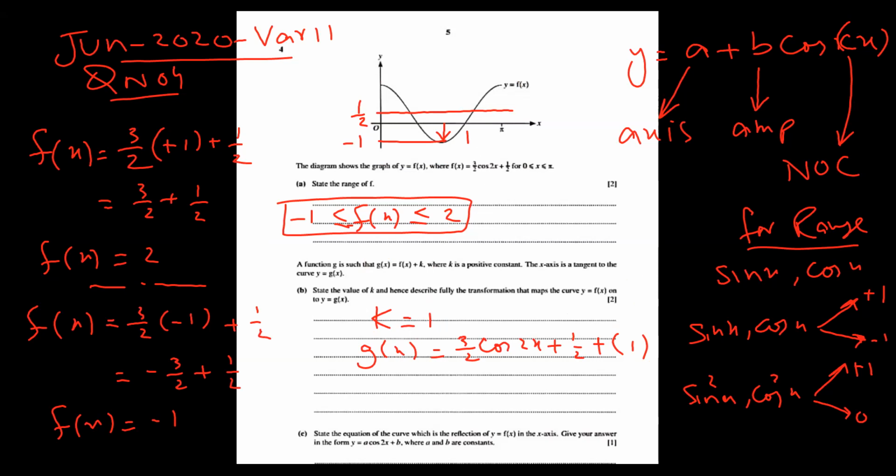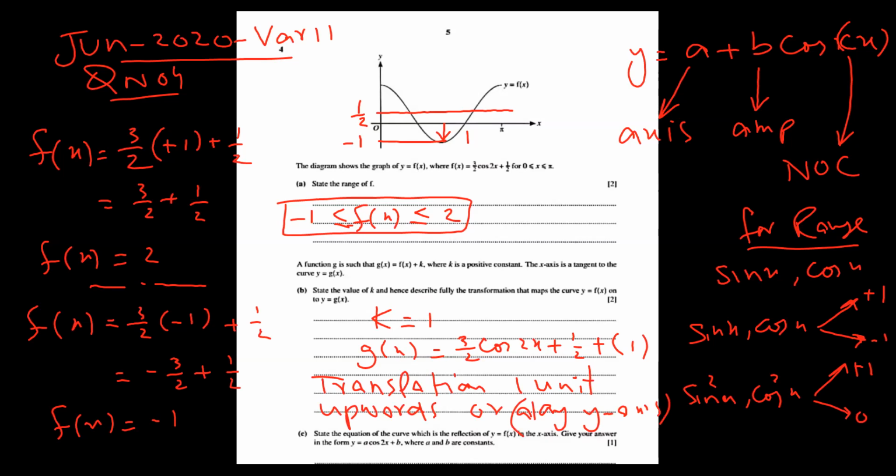Describe fully the transformation on the graph of g. So we can say it is a translation 1 unit upwards, or we can say along y-axis. So we have done it, alhamdulillah.